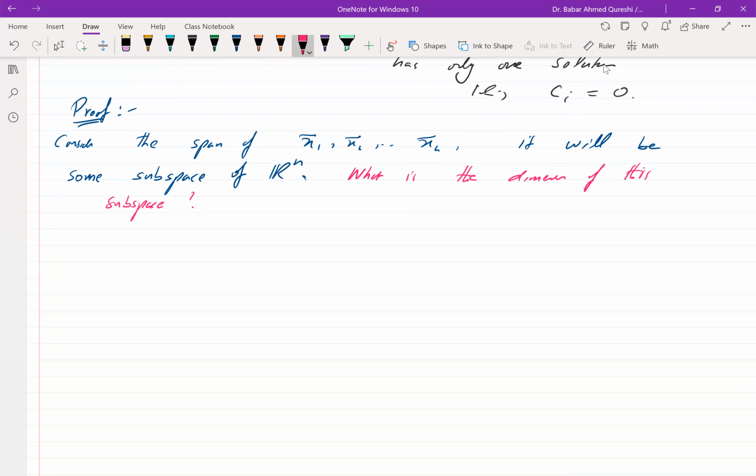Now suppose that not all of them are linearly independent, and r is less than k. I'm assuming that not all of them are linearly independent.